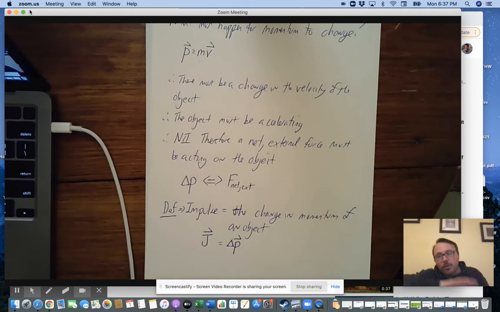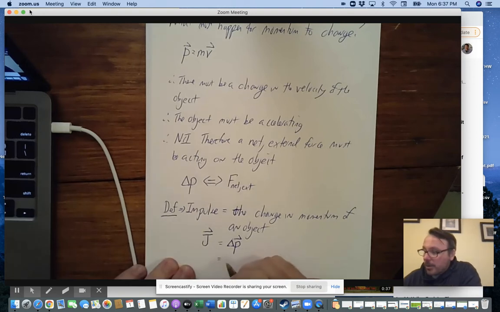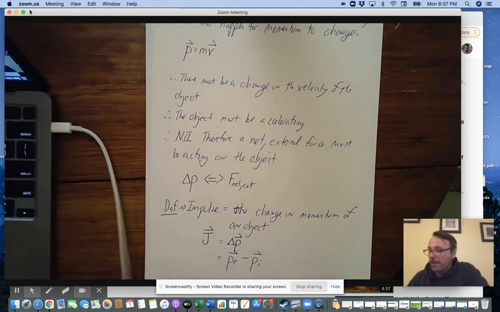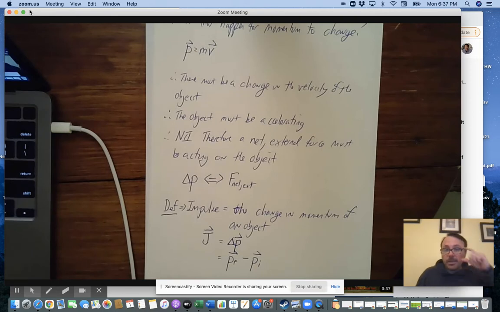So I don't want to give a word to obscure meaning. Impulse, change in momentum. So let's see what that means. Let's expand that out a little bit. Anytime I have a delta, delta always means final minus initial. Okay? So impulse is the final momentum minus the initial momentum.